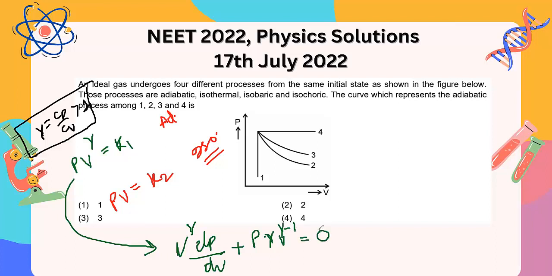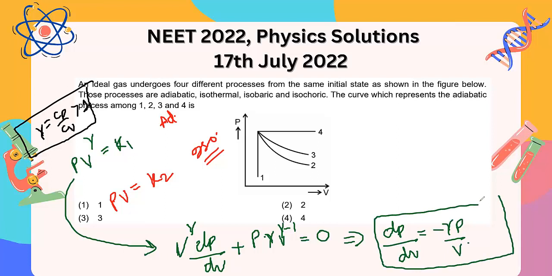On the right hand side, that's a constant. If you differentiate, it's going to be 0, right? So from here, dP upon dV, if you solve this, is going to be minus gamma P upon V, okay?